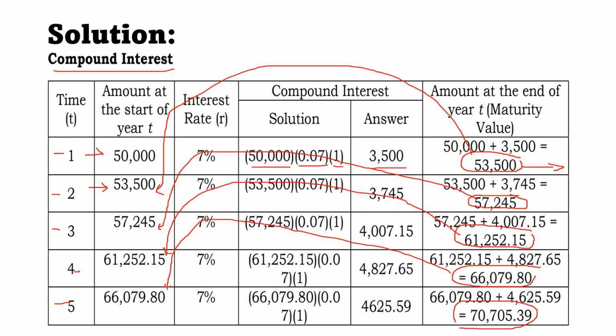Meaning to say, the interest will earn another interest and be added to your principal, then your maturity value will still earn an additional interest, and another additional interest, up to the last year of payment. So that will be your compound interest.